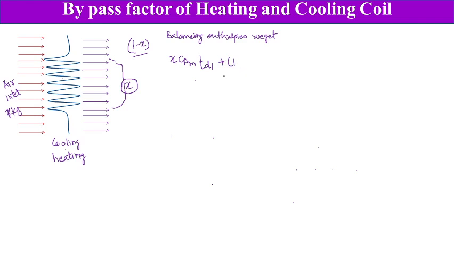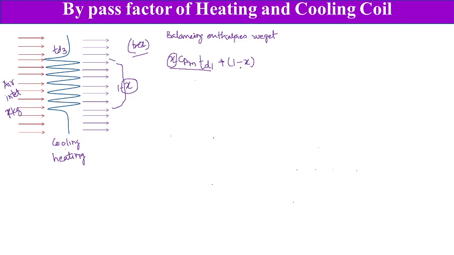Sorry, x is not passing, 1 minus x is passing over this. So here x is not coming in contact with the coil. So this x part of air is bypassing. X is bypassed, whereas 1 minus x comes in contact with the coil. Say 1 minus x comes in contact with the coil where the coil temperature is TD3.